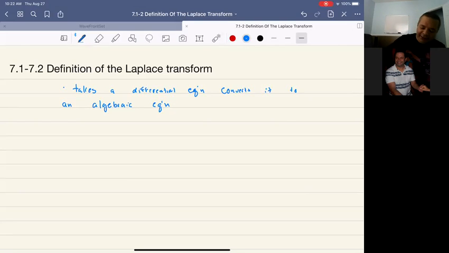The second thing it does well is it's able to handle discontinuities in the forcing function, and actually a specific type of discontinuity, what we call a jump discontinuity.